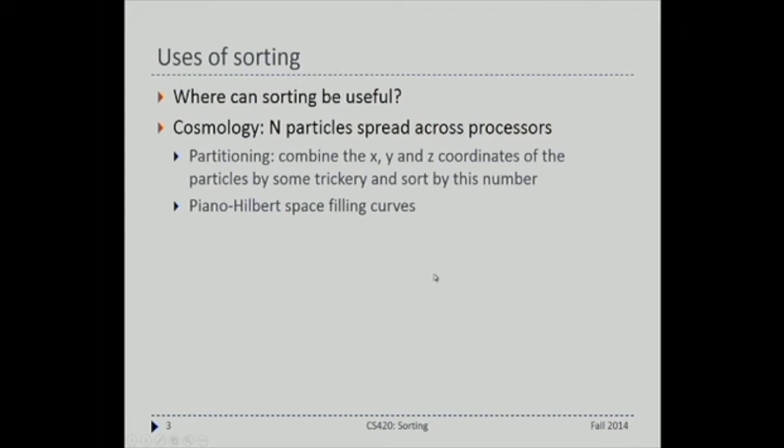Now, if you take the x coordinate's first bit, y's first bit, z's first bit, then x's second bit, second y, second z, and interleave them like that, what are you getting? You're getting an octant decomposition of the particles. If it is 0, 0, 1, that means of the 8 octants, I'm in that octant. All the particles in that octant will have their first 3 bits be 0, 0, 1.